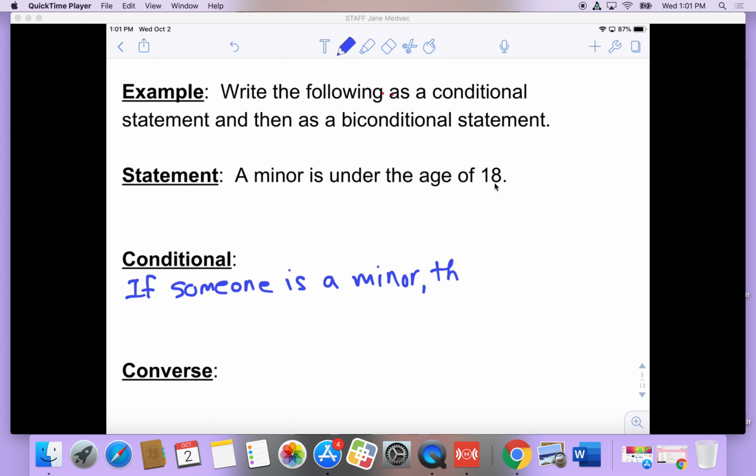Then what? They are under the age of 18. Okay? We okay? Not okay? Questions? All right. Let's move on.